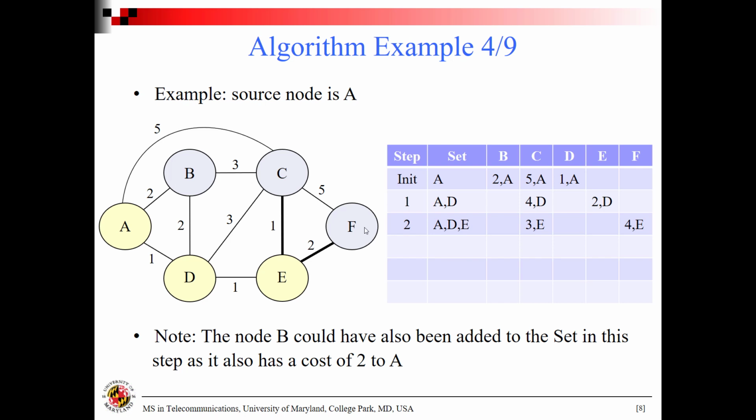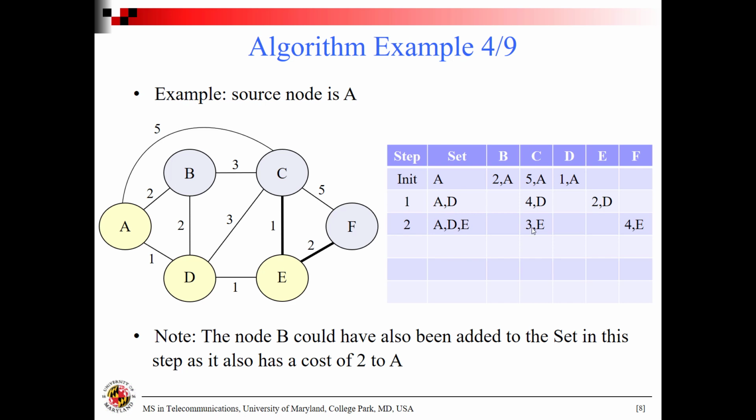B, C, and F. And we cannot update B at this time because B is not a neighbor of E. So there are only 2 neighbors of this new node we just put in the set, node E, which are not in the set themselves, and that's C and F. So we just have to look at those 2 guys.